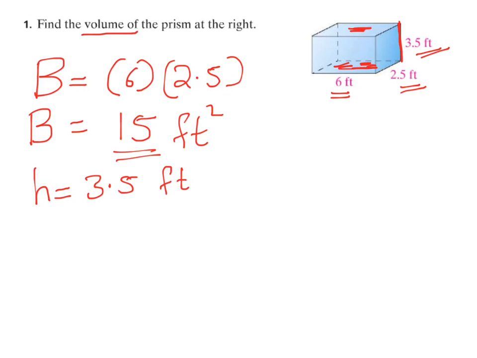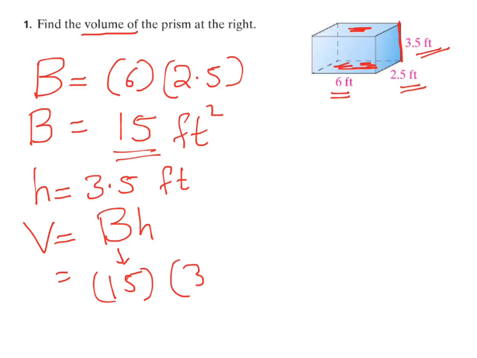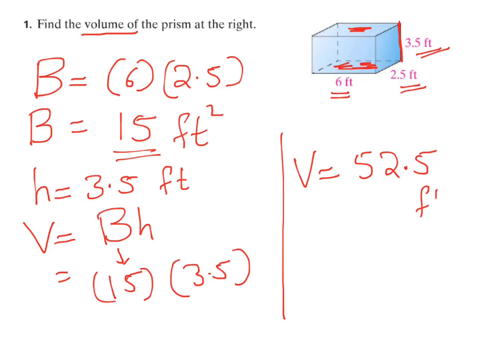So now we can find the volume of the prism, which is BH, and B is 15 times H is 3.5, and that is going to be V is equal to 52.5 feet cube. That is the volume of the prism.